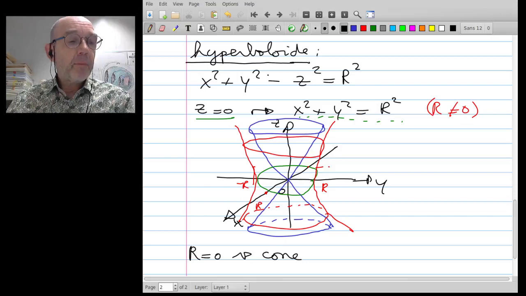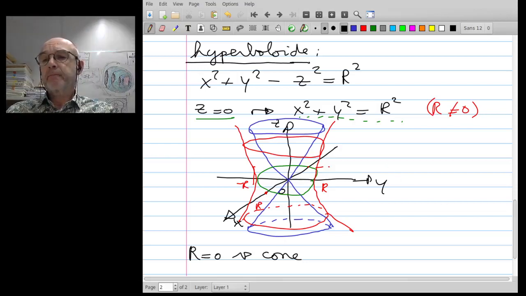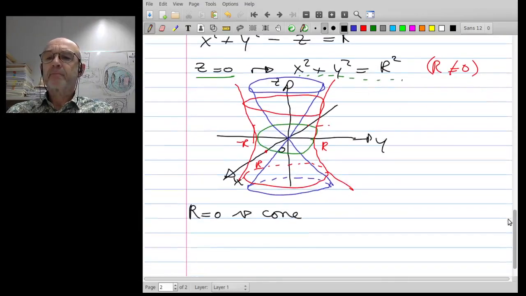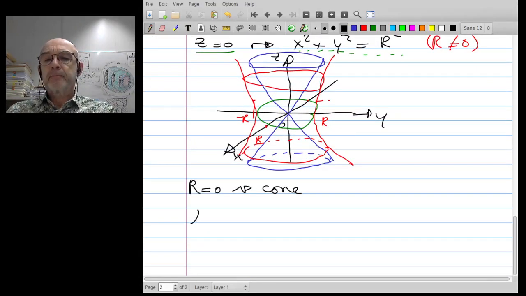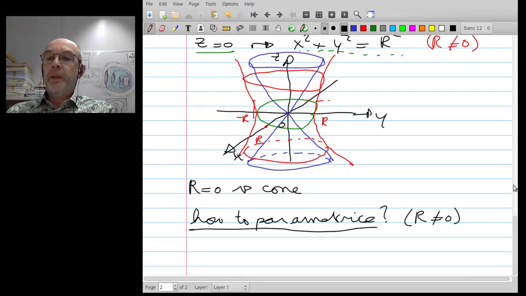And then how to parameterize. So if the r is not equal to 0.